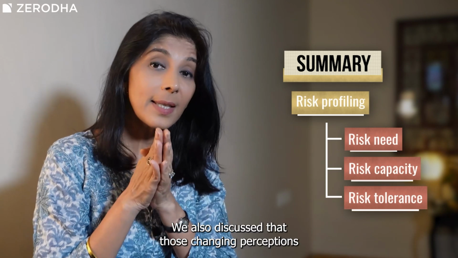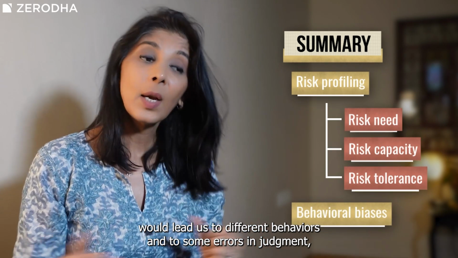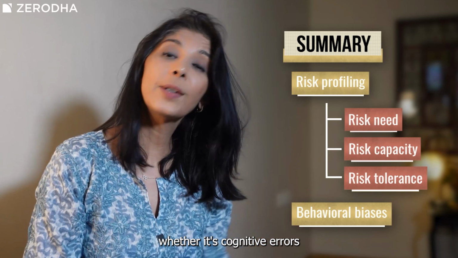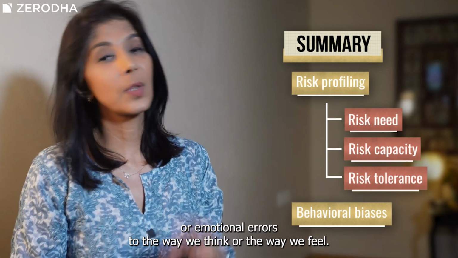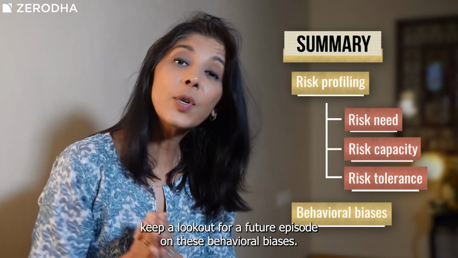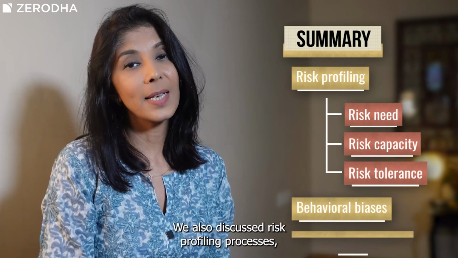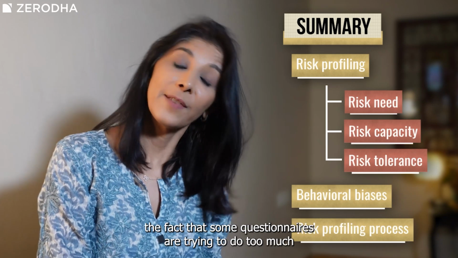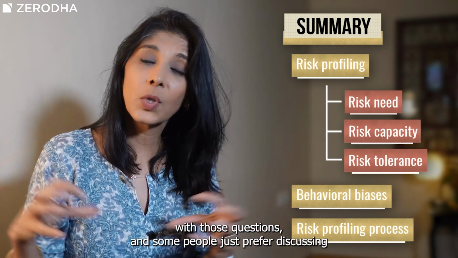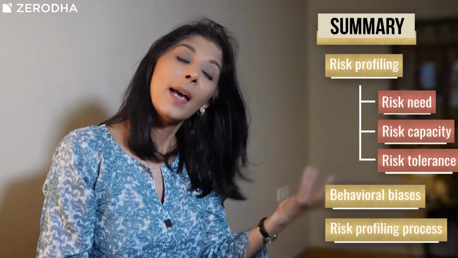We also discussed that those changing perceptions would lead us to different behaviors and to some errors in judgment, whether it's cognitive errors or emotional errors, so the way we think or the way we feel. Speaking of that, do keep a lookout for a future episode on these behavioral biases. We also discussed risk profiling processes, the fact that some questionnaires are trying to do too much with those questions, and some people just prefer discussing.